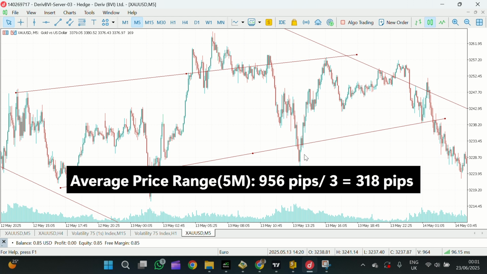This is now the total amount. What you have to find is the average, so 956 divided by 3, you are getting 318 pips. This is the average price movement in this time frame, 318 pips. What you now have to do is go to the H1.